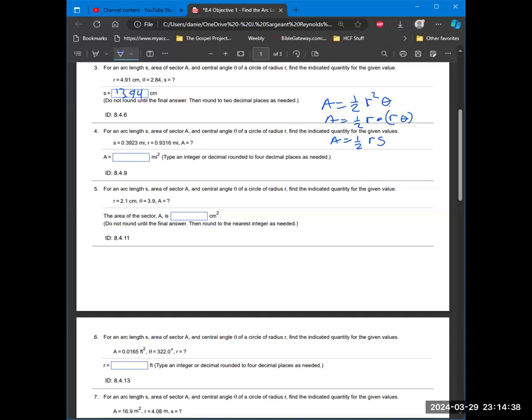So 0.5 times r, 0.9316, times S that they gave us, 0.3923, and we get an answer that A is equal to 0.1827 when we round to 4 decimal places.